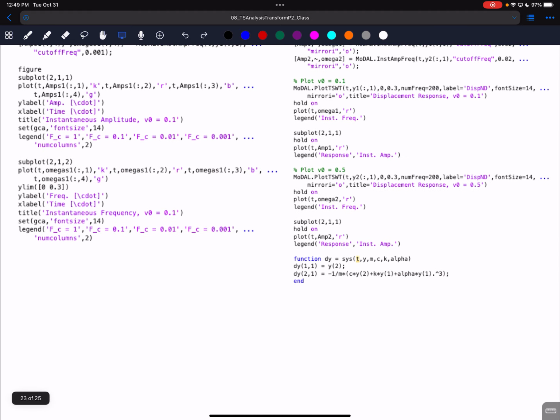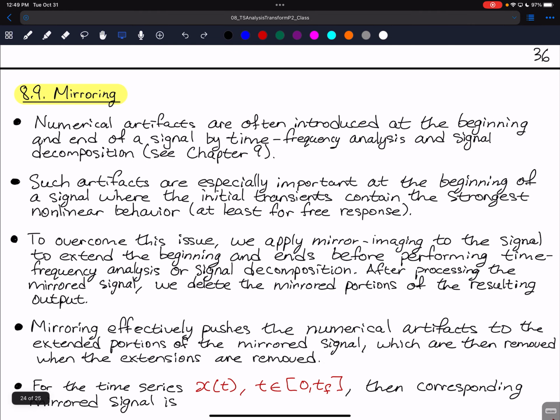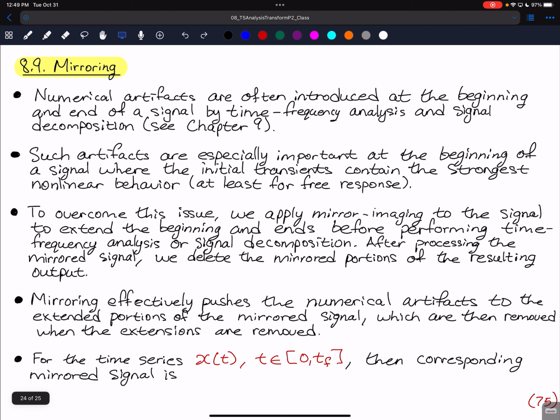Okay. In that case, we're going to talk briefly about mirroring, because mirroring appears in several of the codes that we have been using and will use, and I just want you to have an idea of what it is exactly in general.